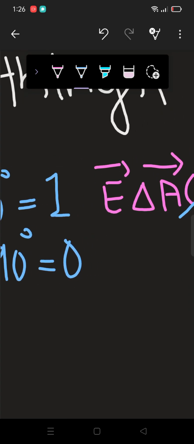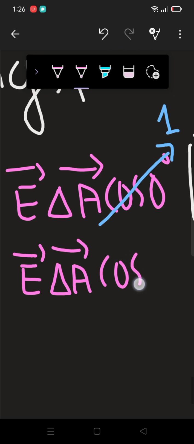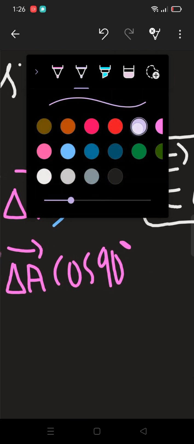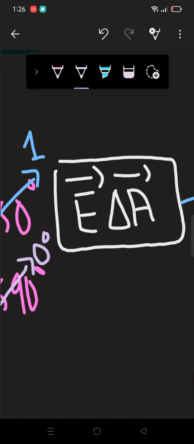We need to learn some basics, alright? So now electric field intensity into small element of vector area and cos 90, and we know that cos 90 will be equal to 0.